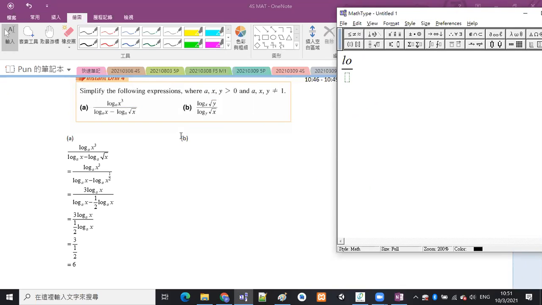Okay, and then part B. Part B, again, I don't like square root in the calculation. So I change the square root to be power 1/2 first.